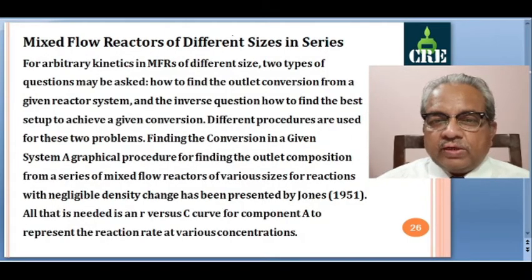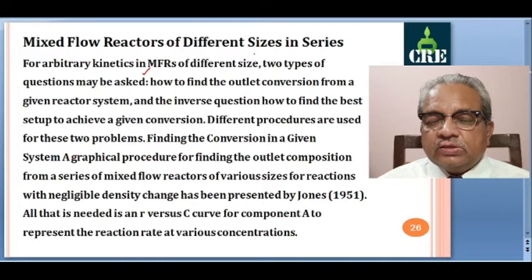Now mixed flow reactors of different sizes in series. For arbitrary kinetics in mixed flow reactors of different sizes, two types of questions may be asked or we can answer. How to find the outlet conversion from a given reactor system. You have been provided with the reactor system, mixed flow reactors in series, and they are of different sizes.